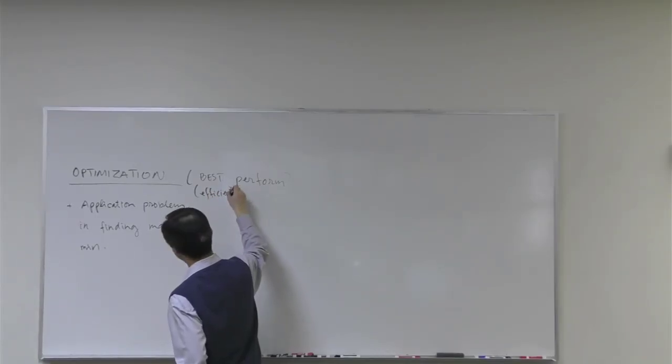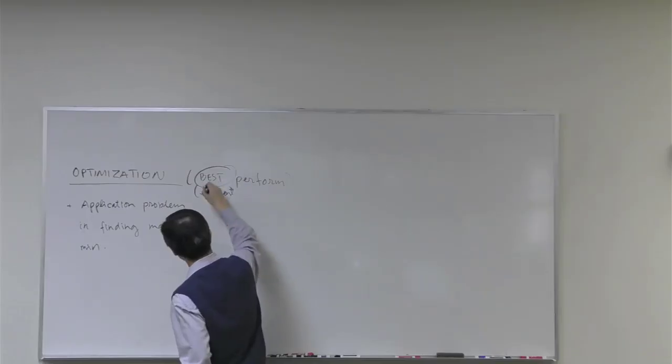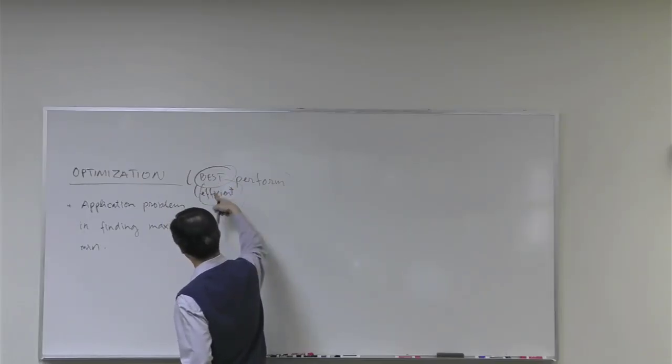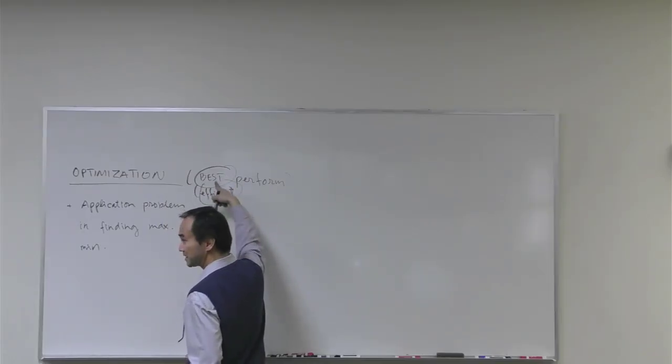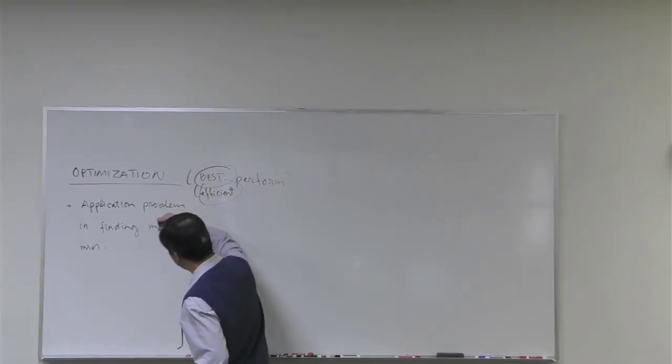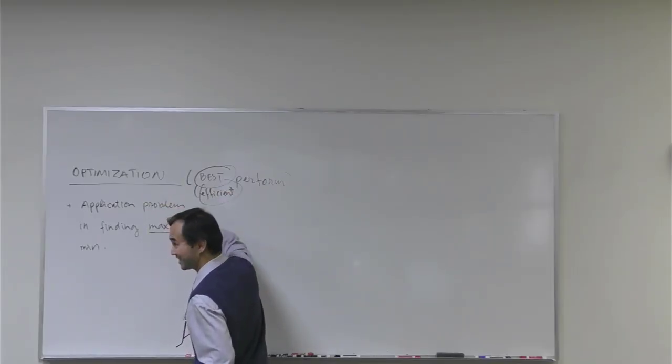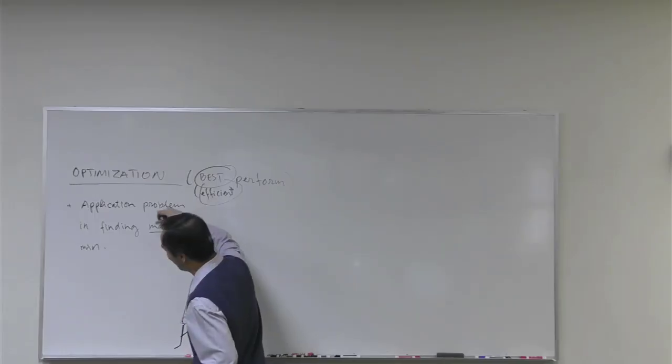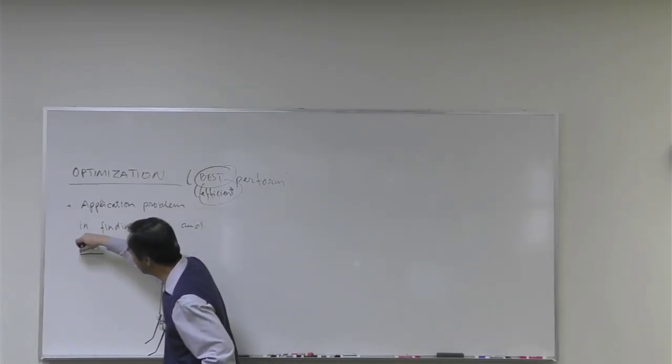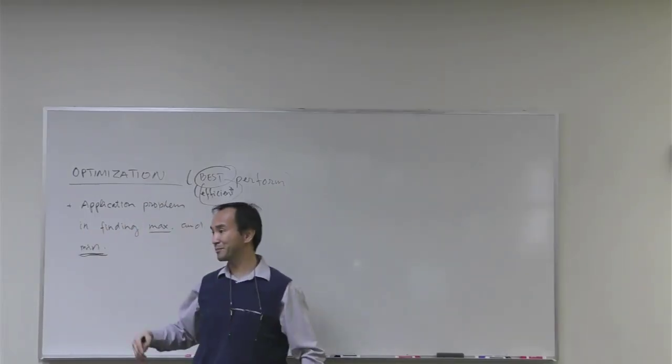Let's see. How is that related to the concept we're learning? Because the best here or the efficient here means it gives out the most, the maximum benefit, or it gives out the minimum cost or the minimum damage.